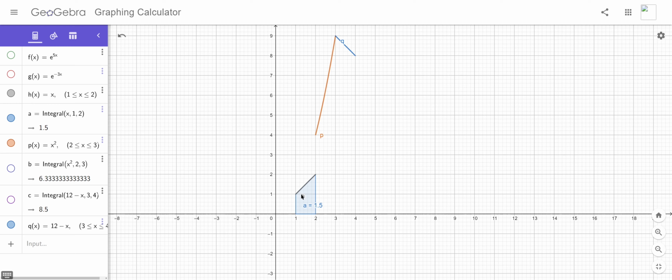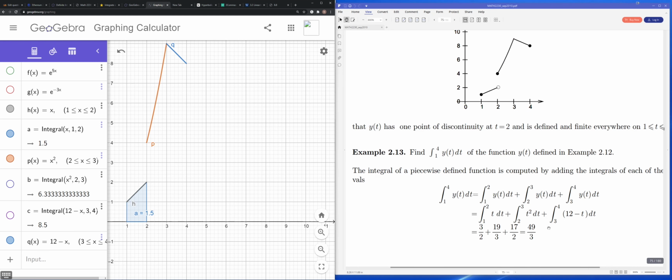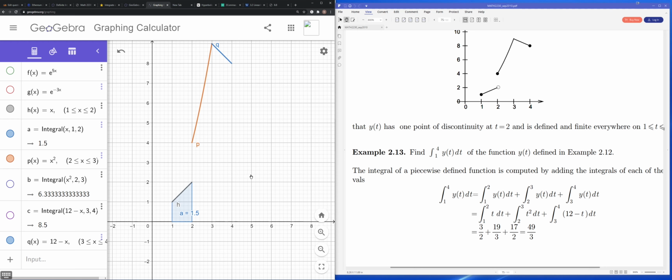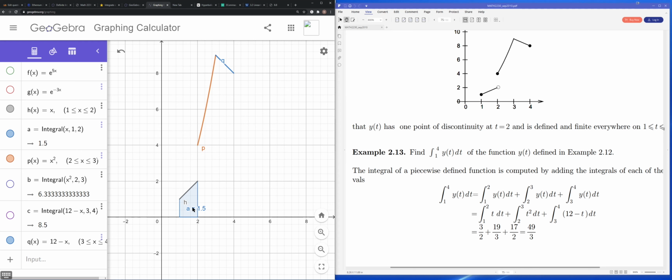Now, this area here under your first piece, which is your t, is equal to the integral between 1 and 2. So the integral between 1 and 2 is this first area under your function.